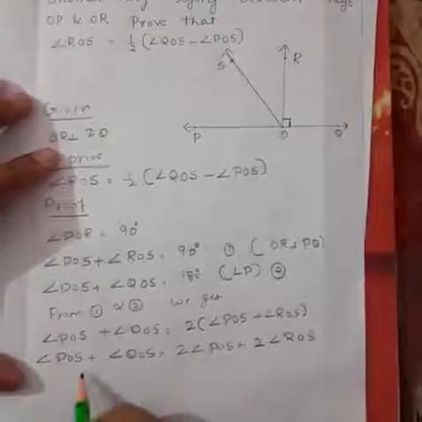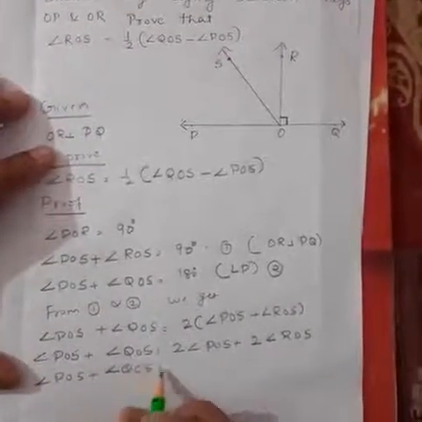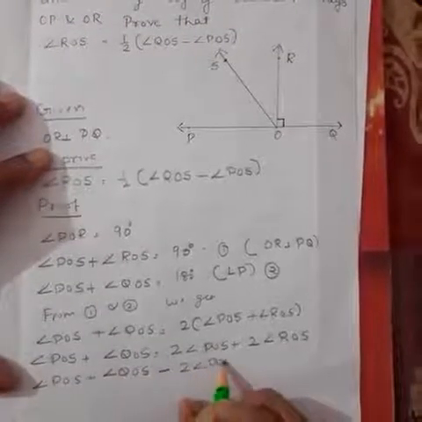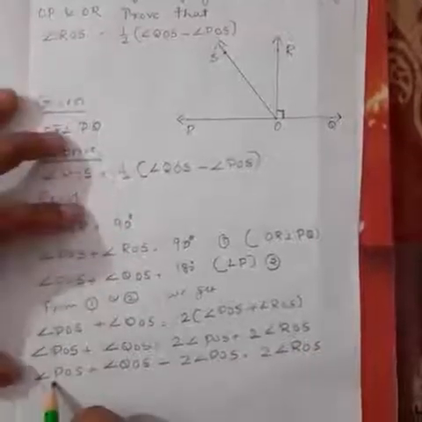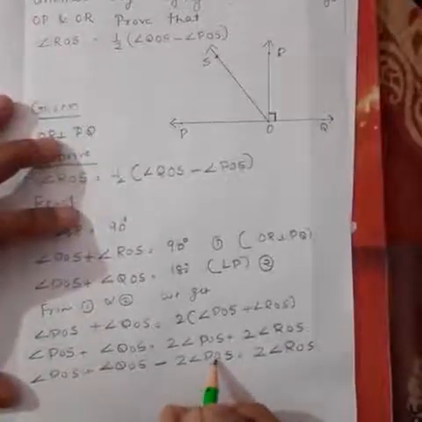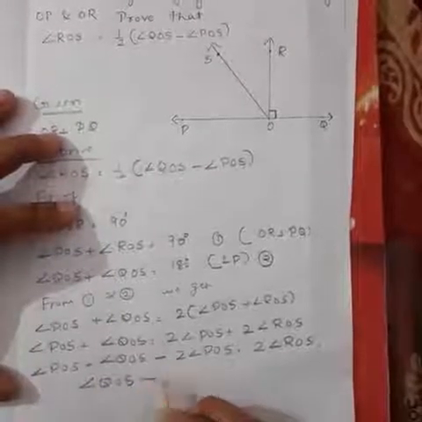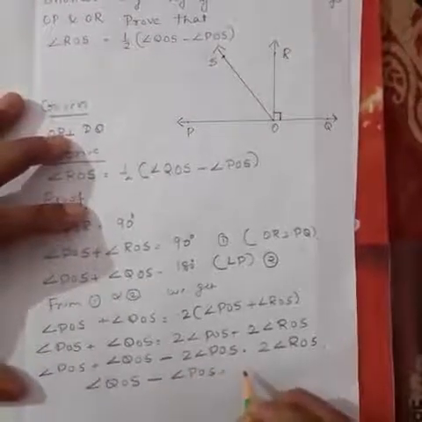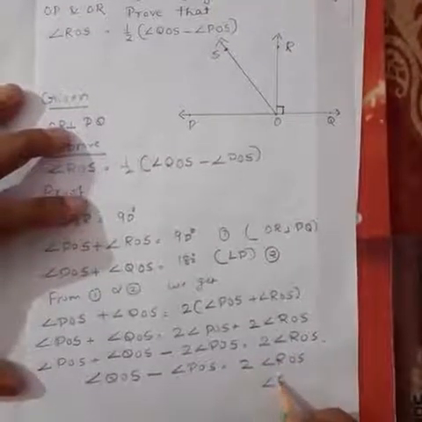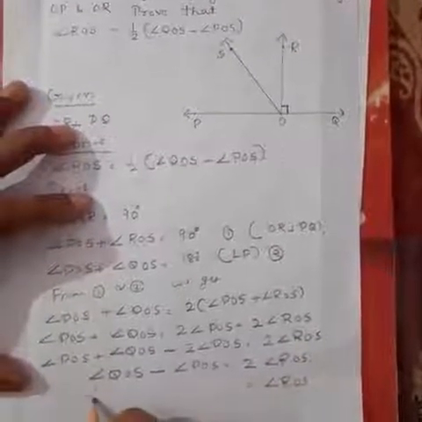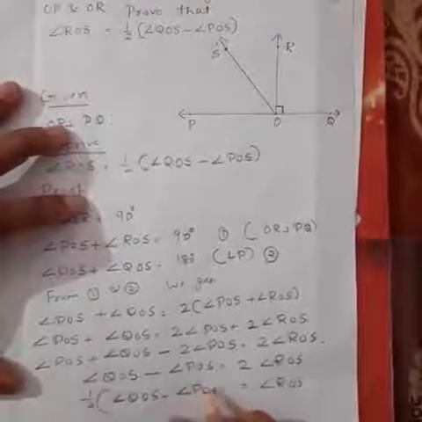Bring this 2 POS to the LHS. Angle POS plus angle QOS minus 2 angle POS is equal to 2 angle ROS. POS minus 2 POS is equal to minus POS. So angle QOS minus angle POS is equal to 2 angle ROS. So angle ROS is equal to 1 by 2 of angle QOS minus angle POS.